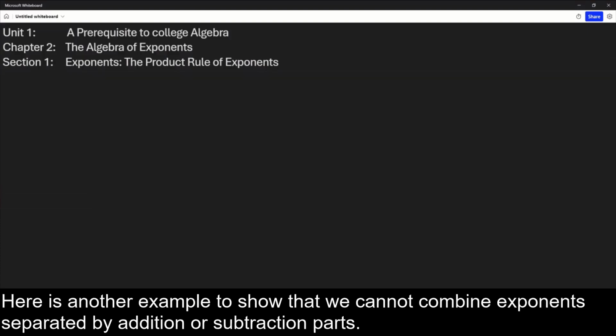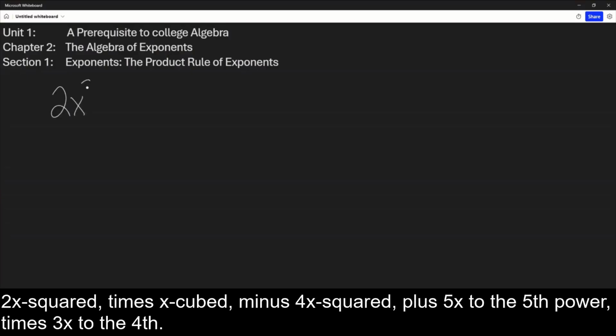Here's another example to show that we cannot combine exponents separated by addition or subtraction. 2x squared times x cubed minus 4x squared plus 5x to the 5th power times 3x to the 4th.